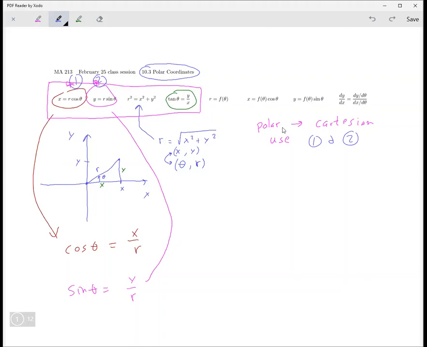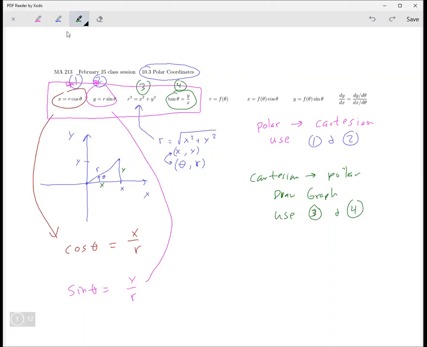Now, when you're going from Cartesian to polar, the best thing to do is to draw a graph. Then everything else sort of falls into place, and you use these right here. Usually, with a graph, everything becomes pretty straightforward as to what you should do.